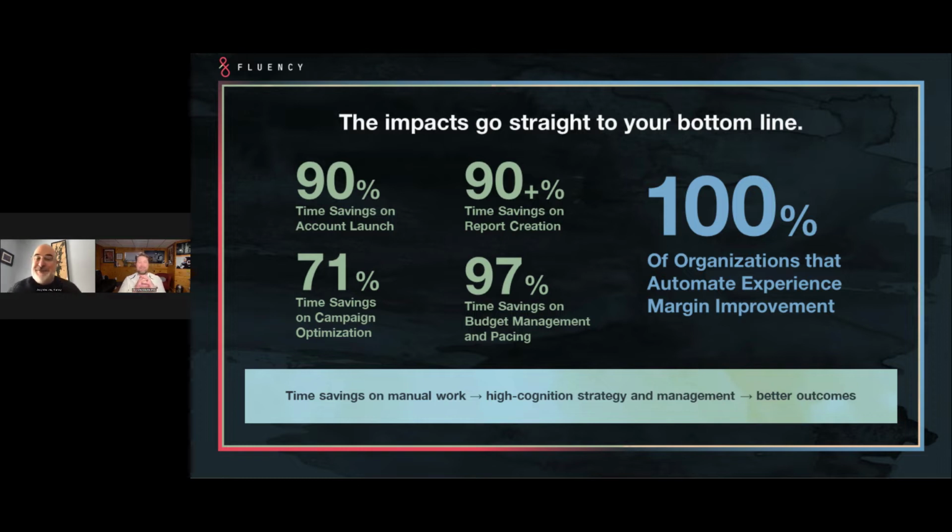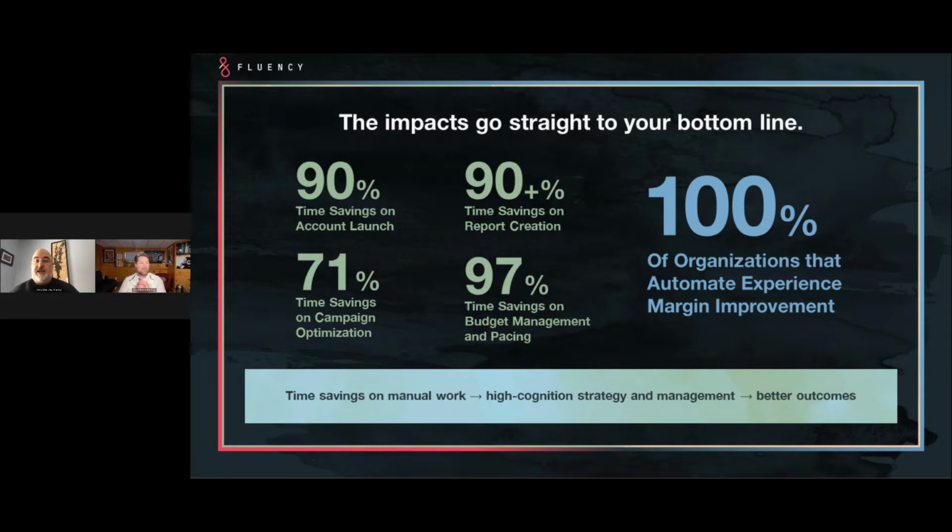However, one of the really interesting things that we've seen, and this is just a fact, is that when people begin to implement automation in conjunction with a scaled and competent operations team, the impacts for an organization can be transformative.